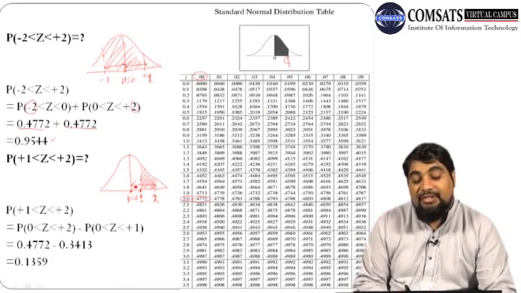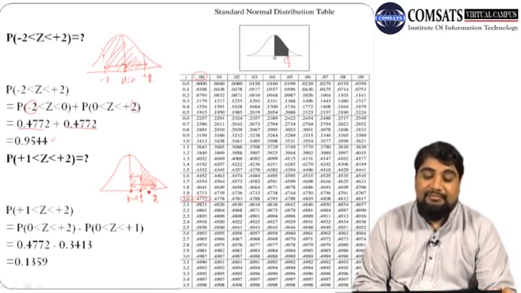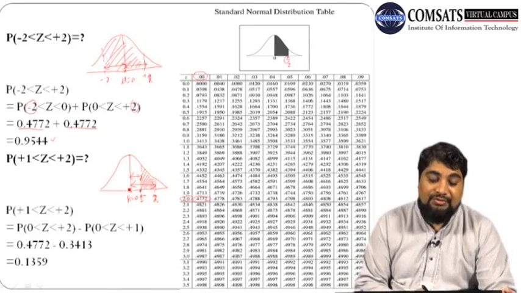And then from this full probability we will subtract this portion from 0 to 1. So if from this area from 0 to 2 we subtract the probability or area between 0 and 1, we get this shaded area. So the same logic has been used.